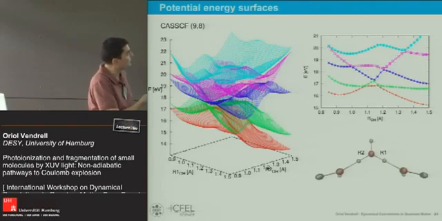And basically what we see here, this would be, for example, a cationic state of the system in which the electron has been removed from one of the external water molecules. And now we start to move the proton, for example, this proton in the direction of this water molecule, and we will see that very quickly we will go through a series of curve crossings.